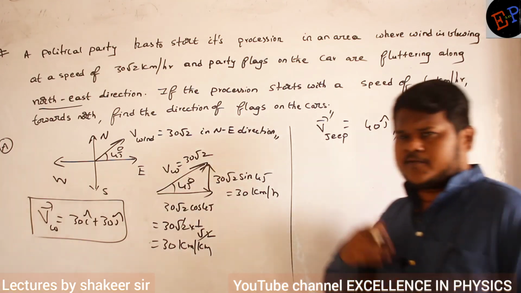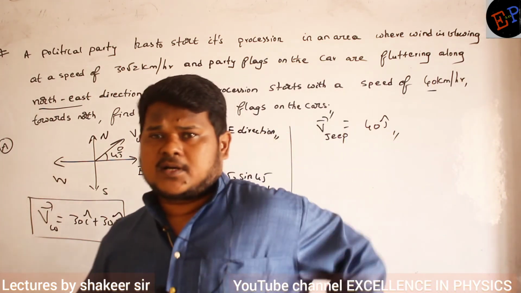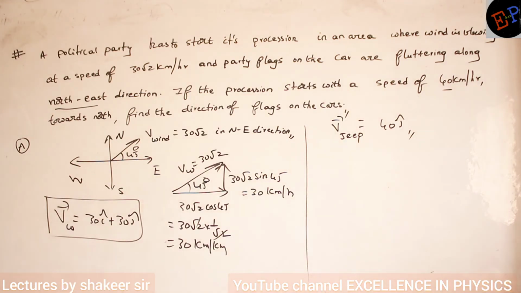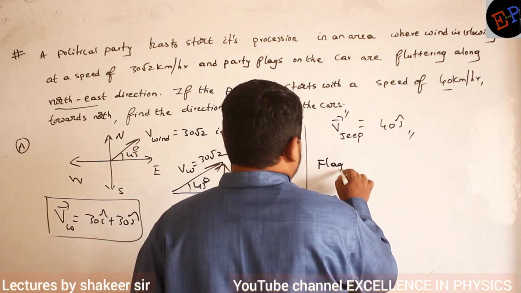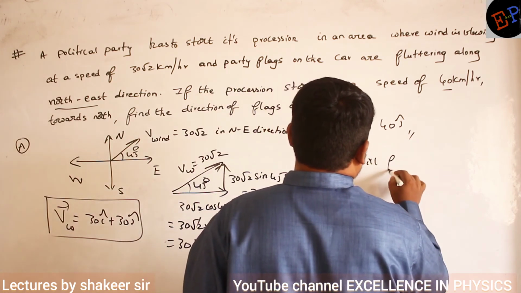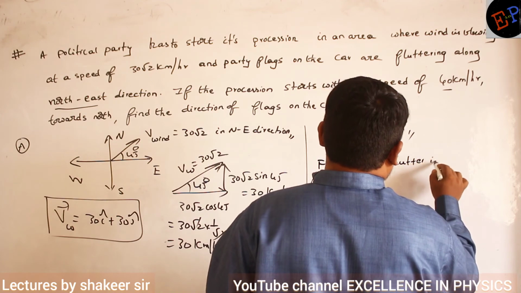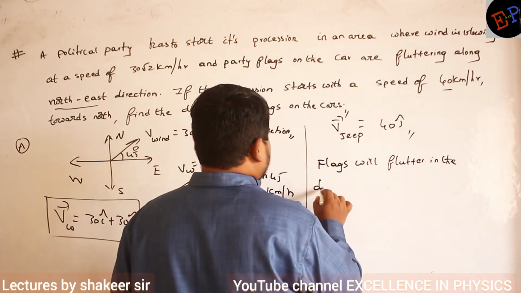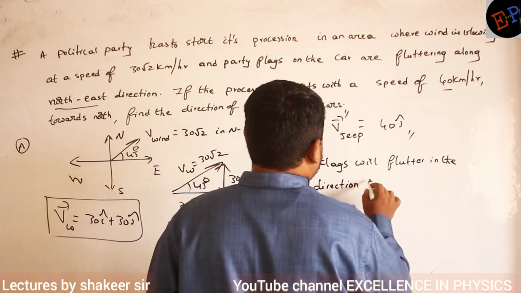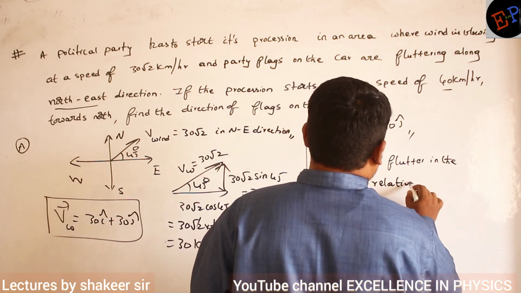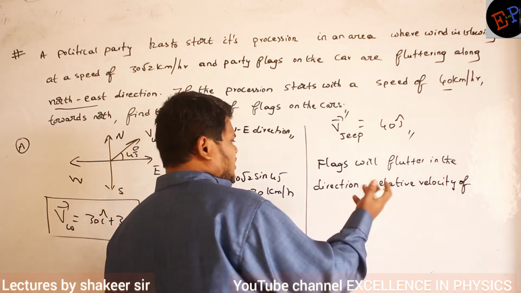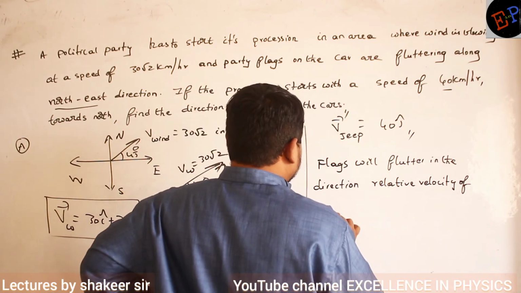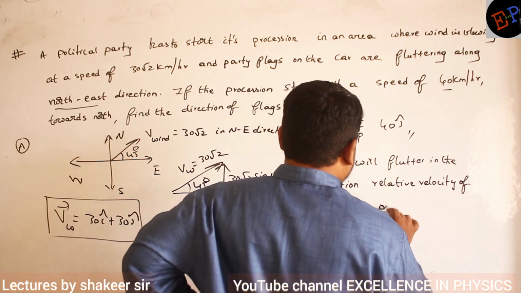Now the question is, flags will flutter in which direction? See, flags will flutter in the direction of the relative velocity of the procession, or the relative velocity of the wind with respect to the procession.